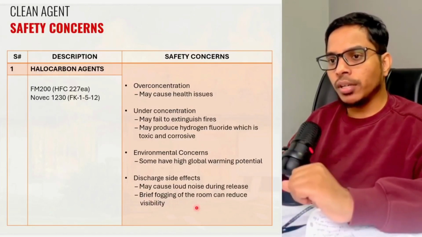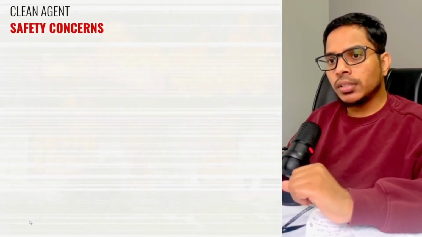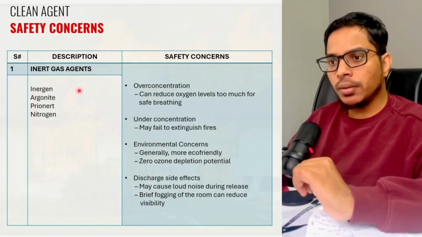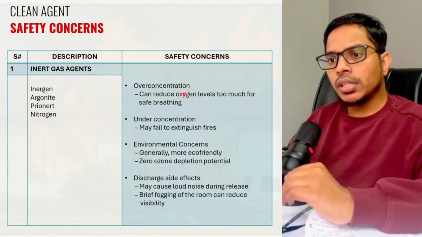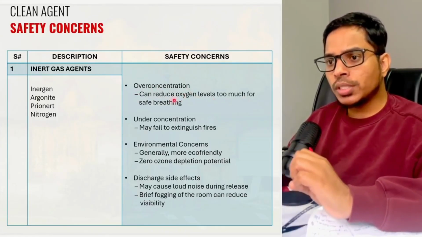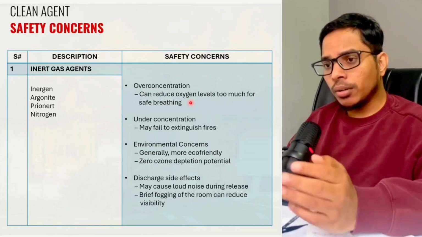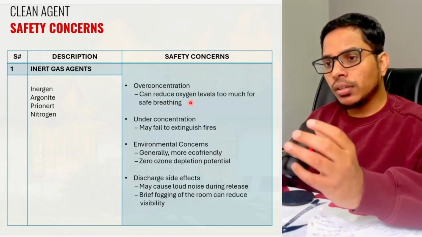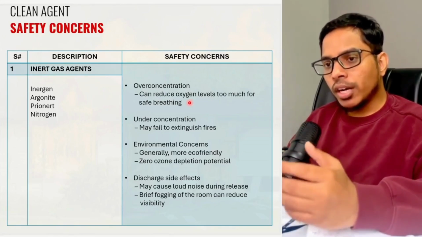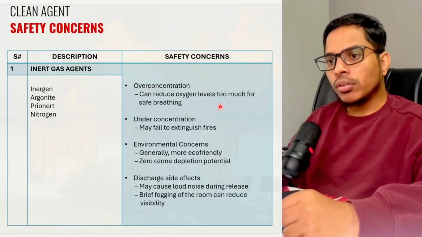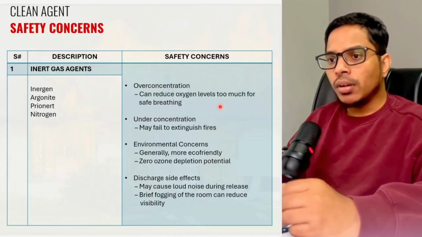and also brief fogging of the room can reduce visibility. If you look at the safety concerns of the inert gas agents like Inergen, if you have over concentration, they can reduce oxygen levels too much for safe breathing. Since I already explained before, one of the extinguishing mechanisms of the inert gas agent is to lower the oxygen concentration, thereby suppressing the fire.